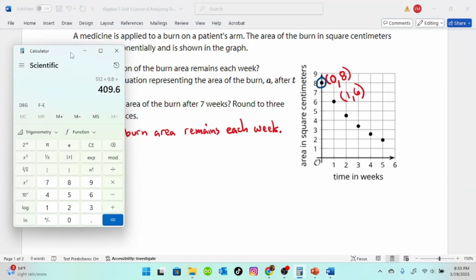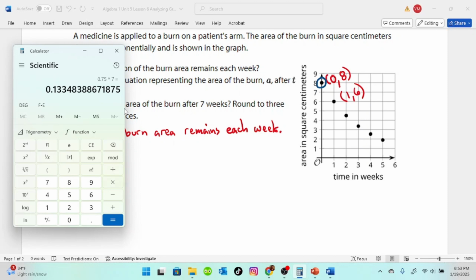So you bring up a calculator and you put in 3/4, which is equal to 0.75. Now, you want to take that to the exponent of 7. And that gives us 0.13, and so on.